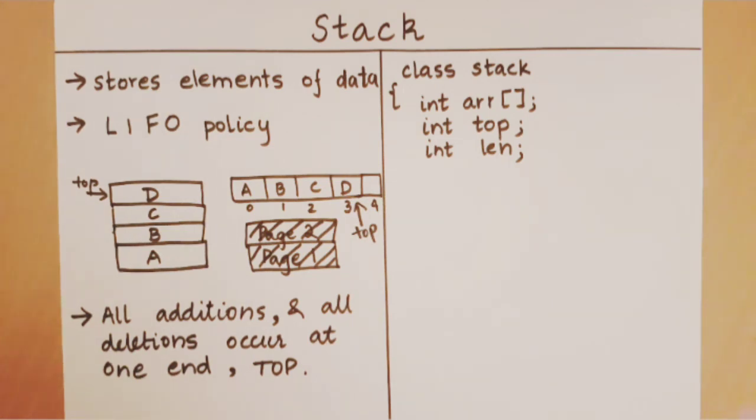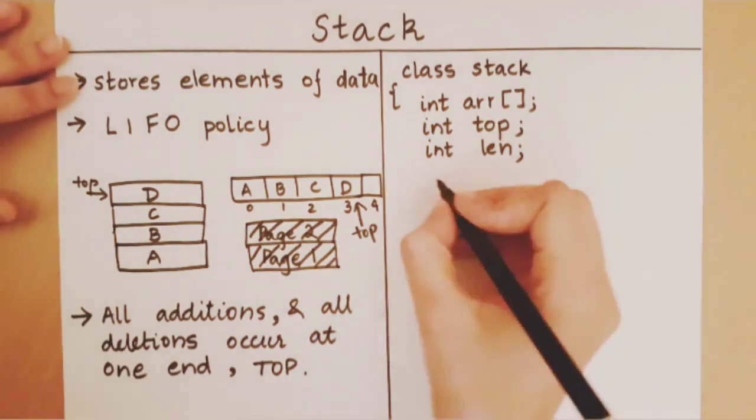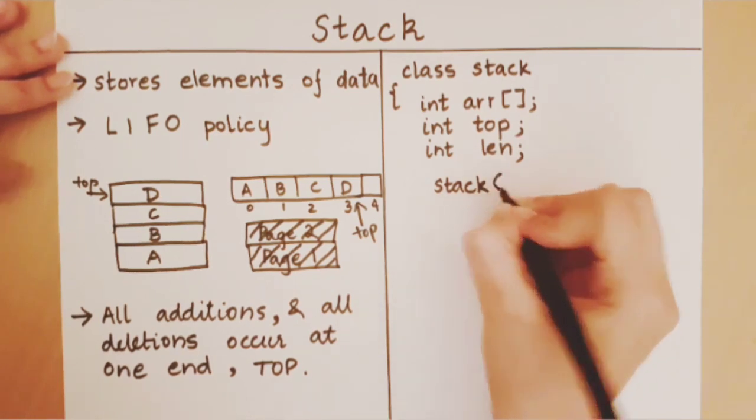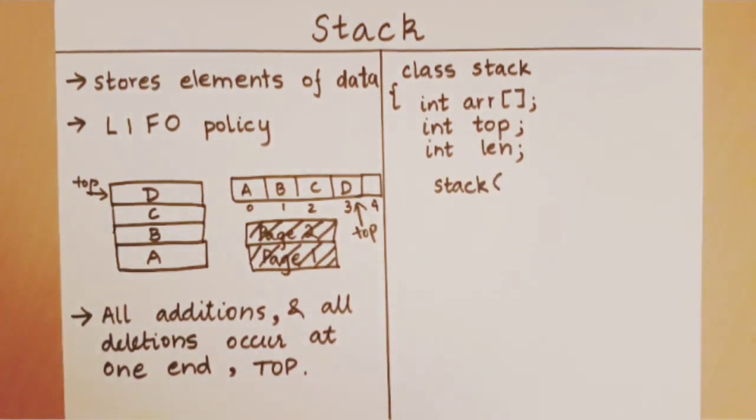Now that we have defined what kind of data we need for the stack, we need to see what behaviors this stack does. Before we look into the behaviors, let's see how we are going to initialize this stack. To initialize any object, we will need a constructor. This constructor is going to have one parameter.